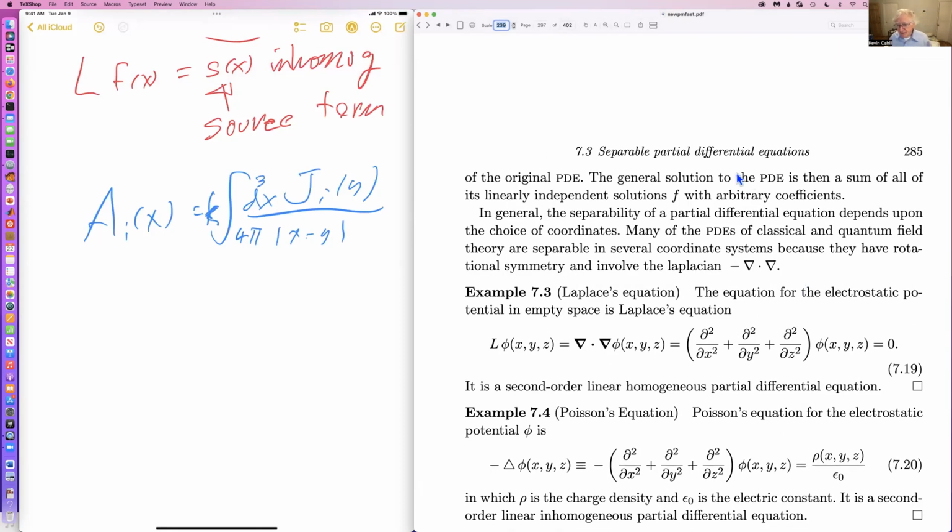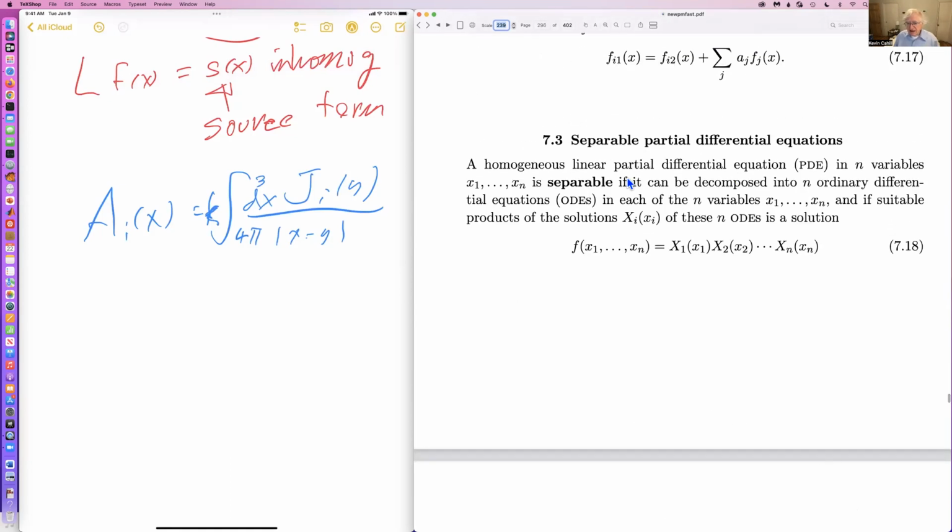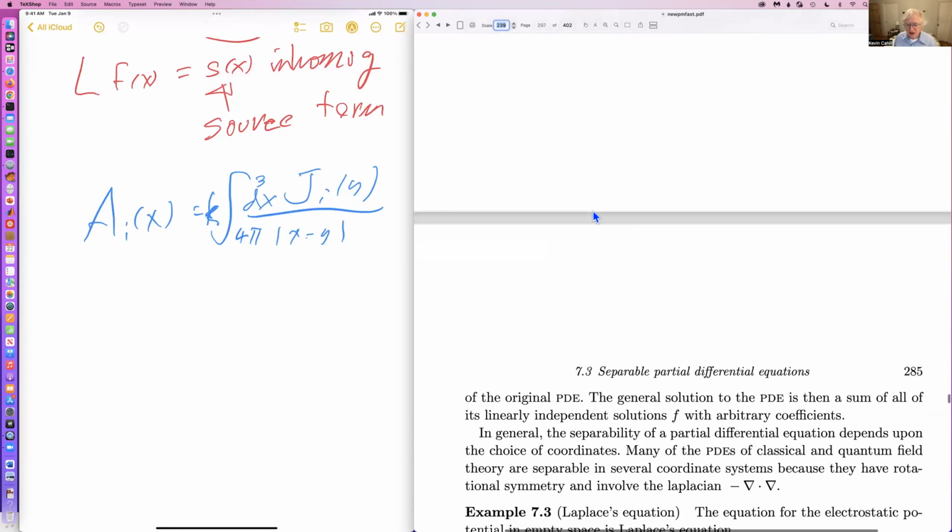So if you have a separable homogeneous linear partial differential equation, it can be reduced to n ordinary differential equations, which you can then try to solve.